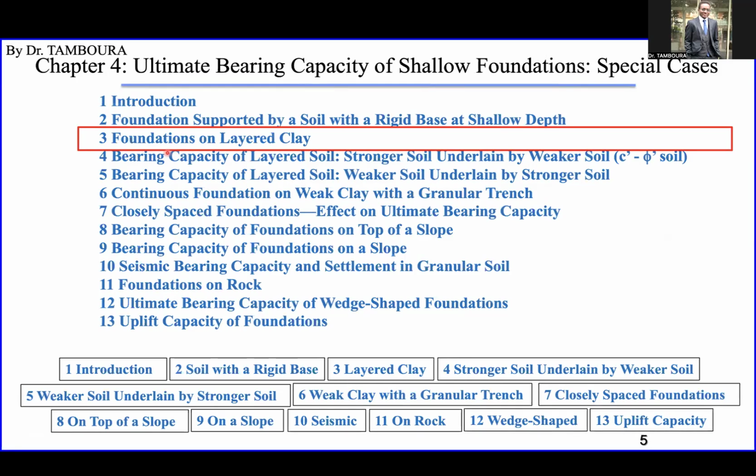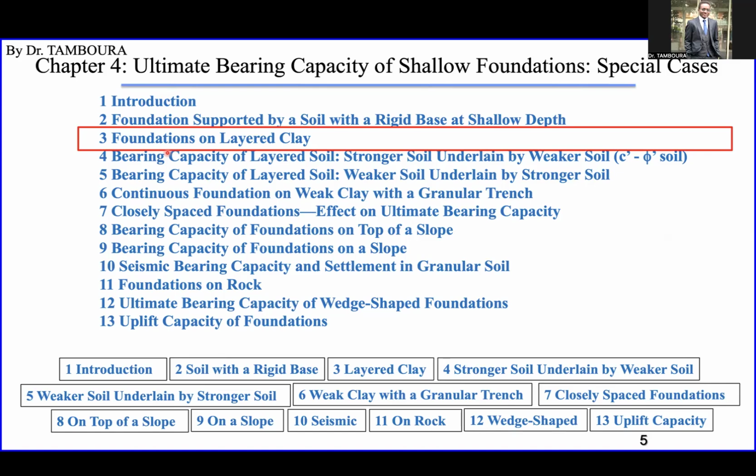Sometimes we have soft clay and stiff clay, or inversely. In that case, if the bottom layer is not that far from the surface, that bottom layer will influence the bearing capacity, and the effect of that bottom layer cannot be ignored.